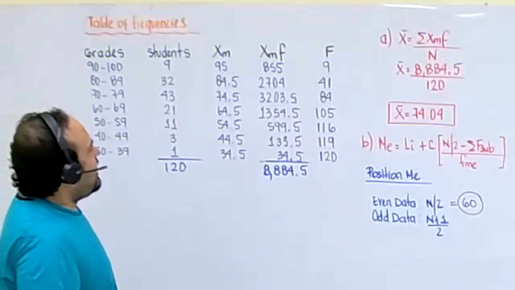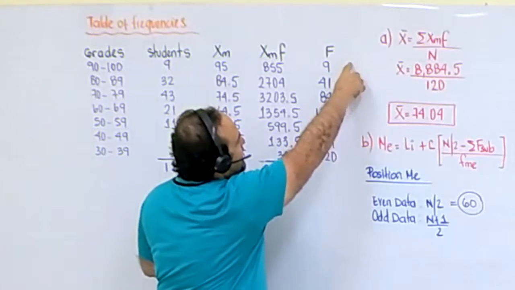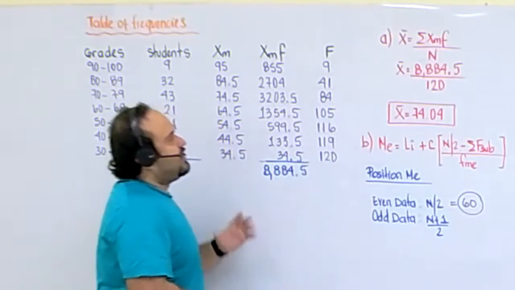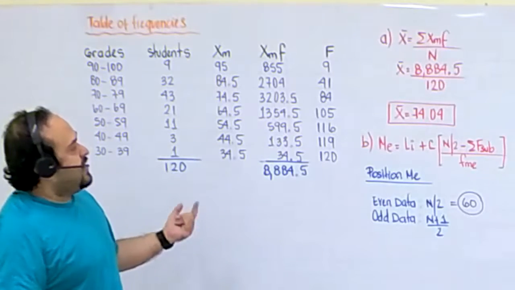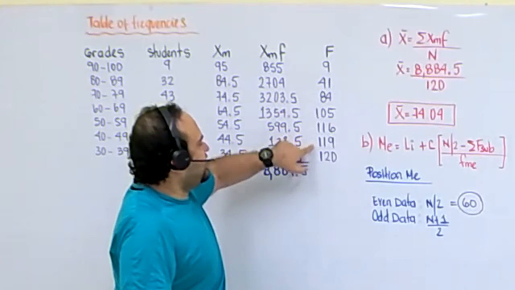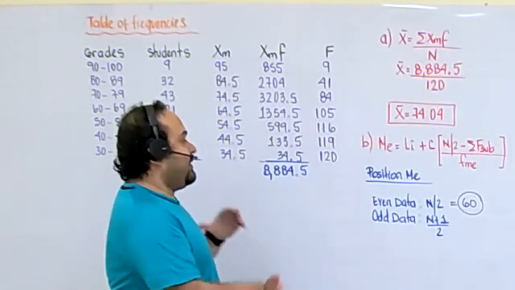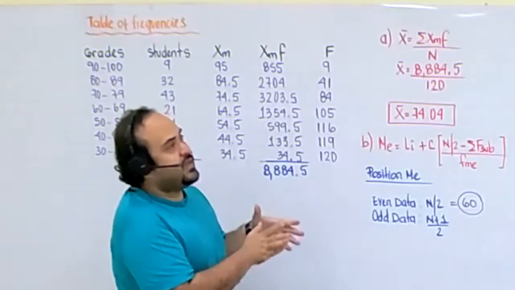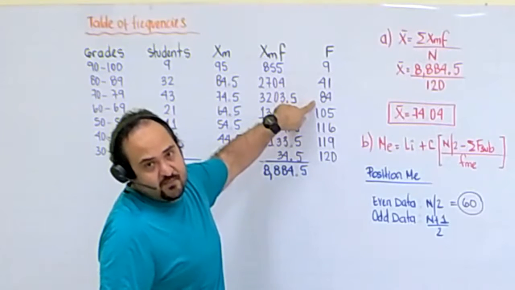That means I'm going to discard 9 and 41 because they are less than the number 60. And obviously 84, 105, 116, 119, and 120 are greater than 60. But the number greater than 60 next to the number 60 will be 84.